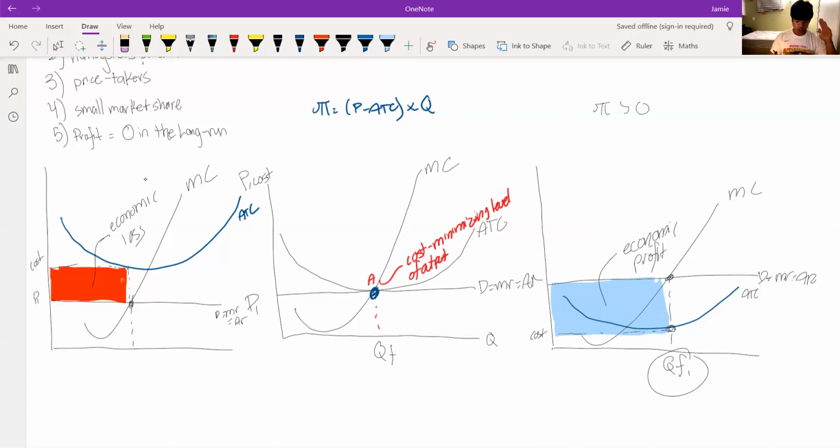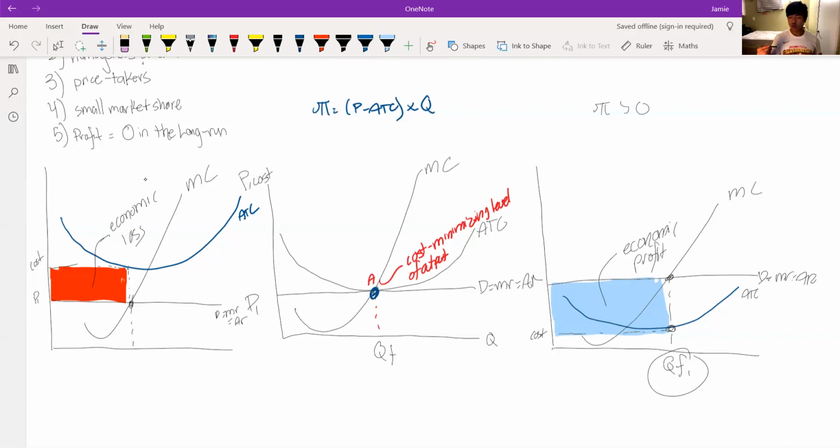And so when that happens, essentially this will bring up the prices, and the new market equilibrium price will be at the minimum average total cost. And so this will satisfy our assumption of long run profit equal to zero. That is pretty much it for perfect competition.